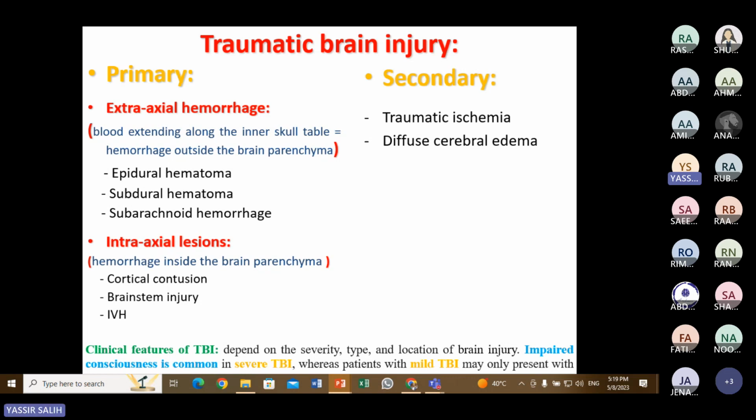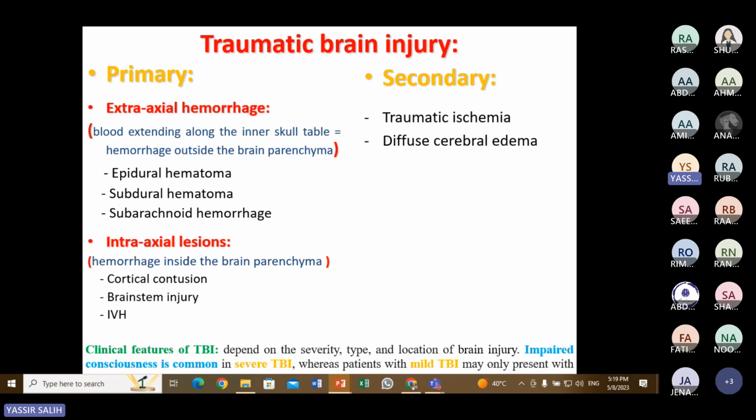Okay, how does a patient with traumatic brain injury present? What are the clinical features? What are the symptoms and signs? This depends on the type, location and severity of the brain injury.